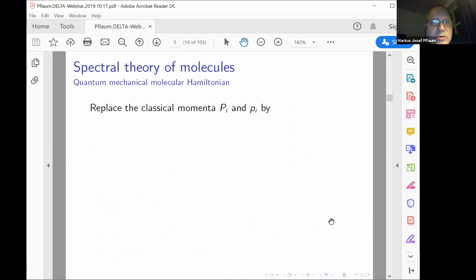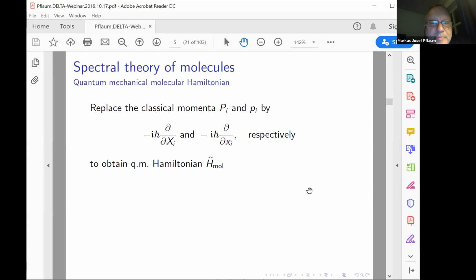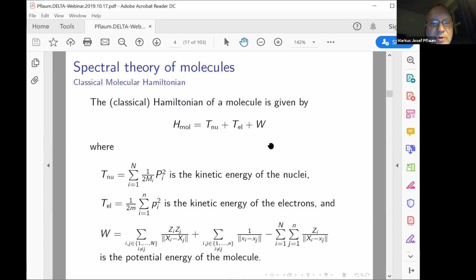Now in quantum mechanics, you replace the big P_i and the small p_i by differential operators corresponding to the quantum versions, so you get the quantum Hamiltonian just by replacing the big P_i by i h bar d by dX_i and the little p_i by i h bar d by dx_i, and inserting it in this one here.